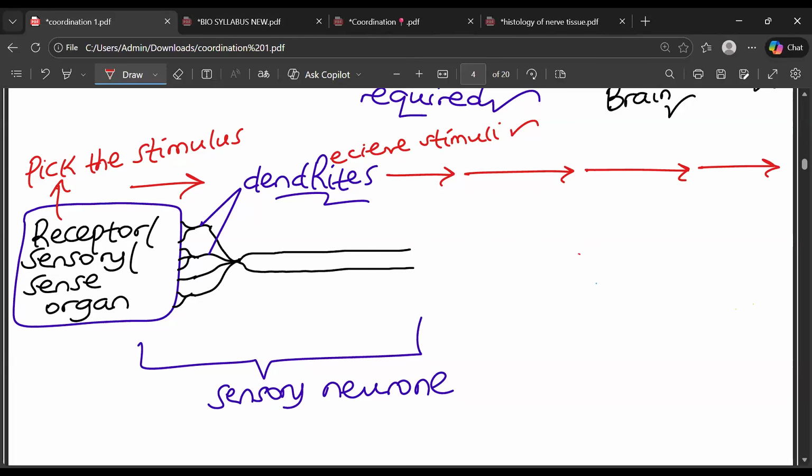Now, remember, we are talking of a nerve fiber. We are talking of a neuron. These things should have cells, at least, because we are talking of just a fiber. It is very difficult for something to have activity. Remember, we are talking of the body. The body needs cells. Cells are the ones that control body activities.